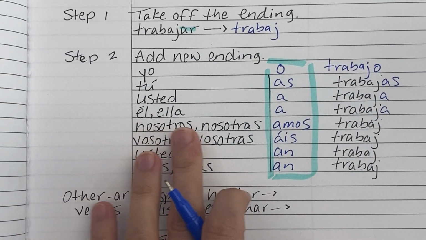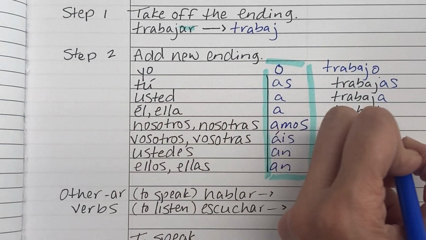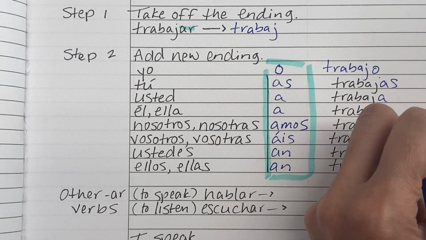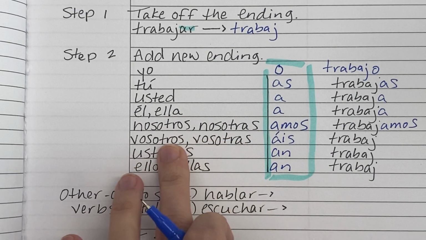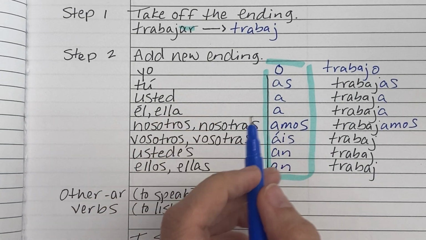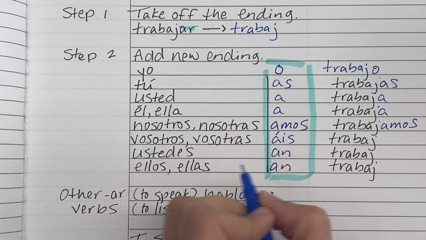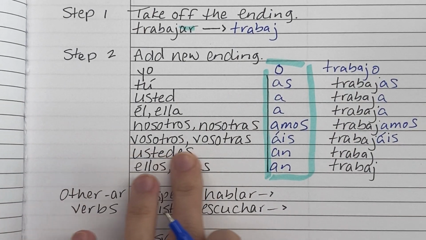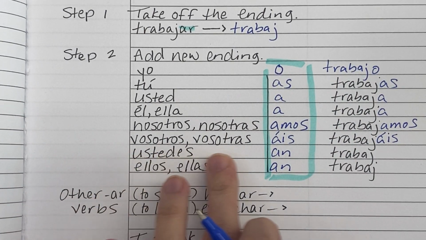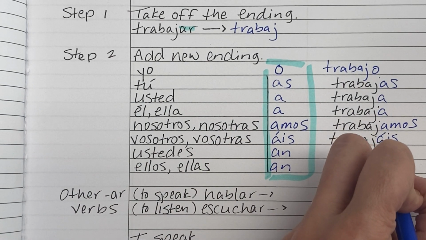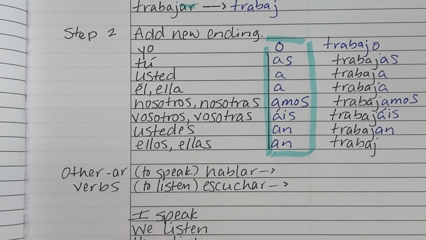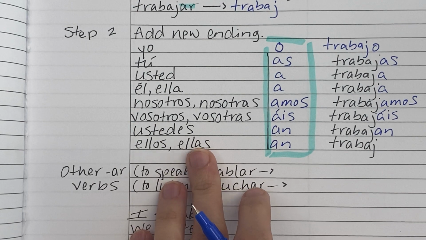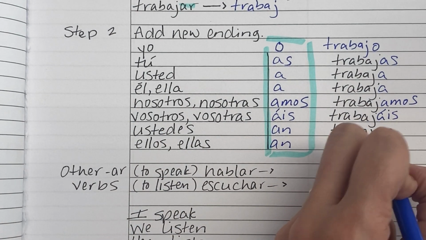We work would be nosotros or nosotras trabajamos. You guys work in Spain in the vosotros form, vosotros or vosotras trabajáis. And in Mexico in the ustedes form, ustedes trabajan. And finally, they work would be ellos, or if it's a group of girls, ellas trabajan.